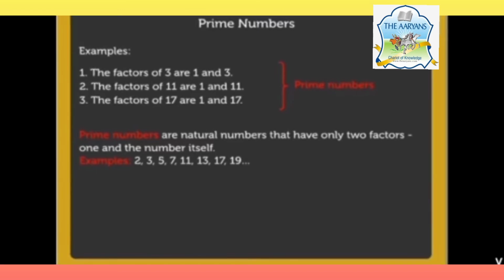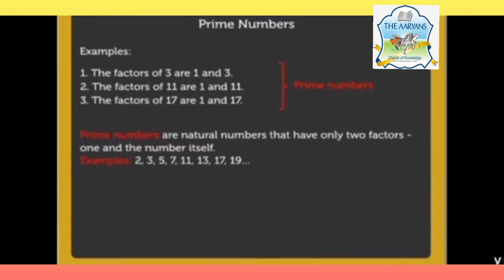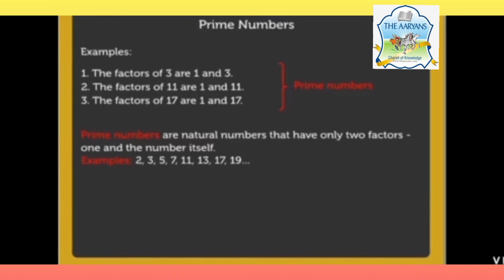Now the factors of 17 are 1 and 17. So they all are prime numbers. How can we say that they are prime numbers? Prime numbers are natural numbers that have only two factors, 1 and the number itself.